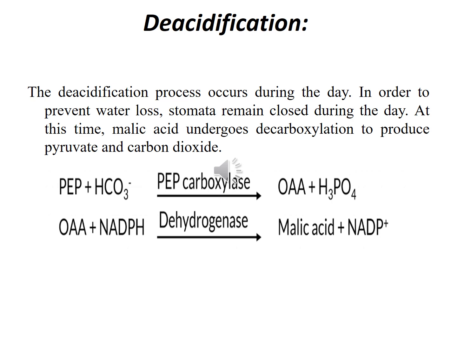Therefore, this process is termed deacidification. Carbon dioxide produced during the deacidification of malic acid enters the C3 cycle and aids the production of carbohydrates. Pyruvate is either used for the regeneration of phosphoenol pyruvate or converted into carbon dioxide through Krebs cycle.